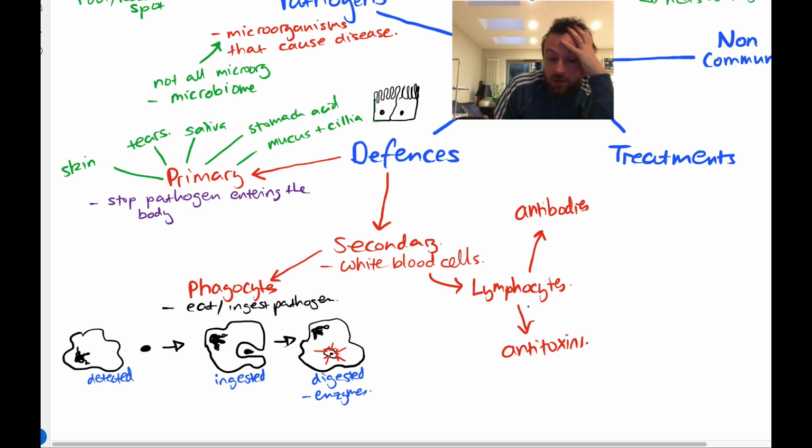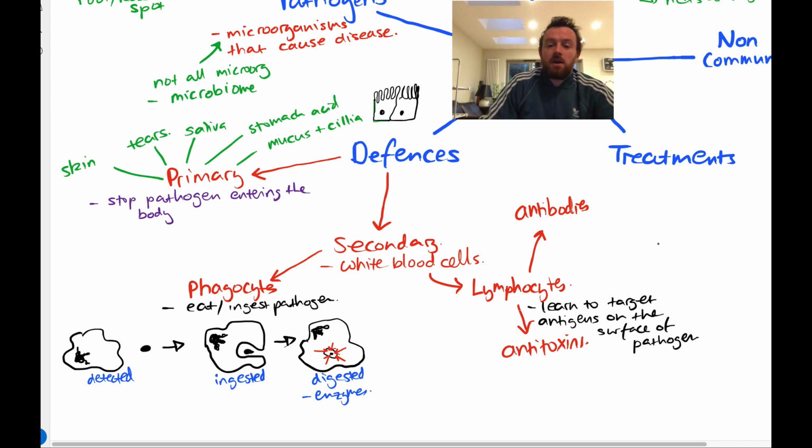The lymphocytes have to learn to target, and the key word here is antigens, on the surface of pathogens. Maybe we'll draw a diagram of that. Let's say that here is a virus, and it's got these spikes on it.